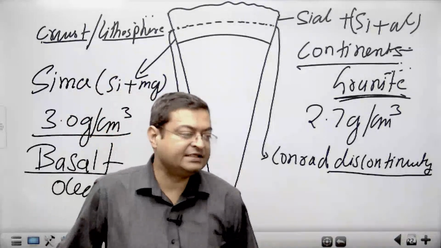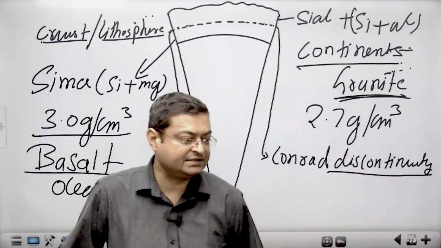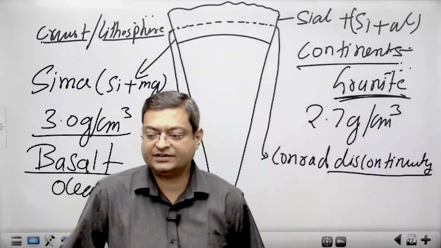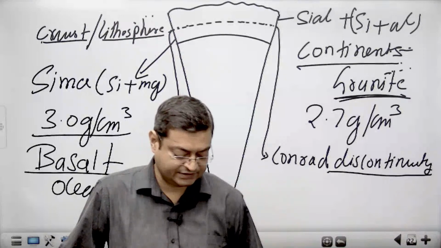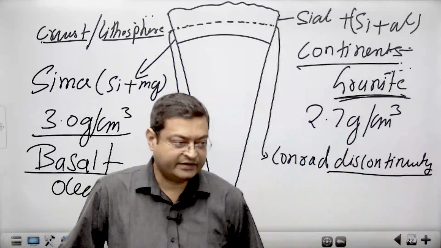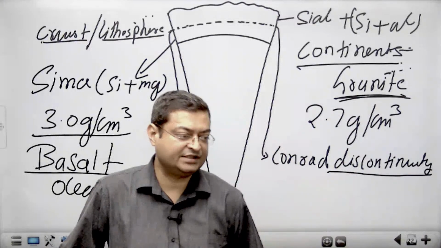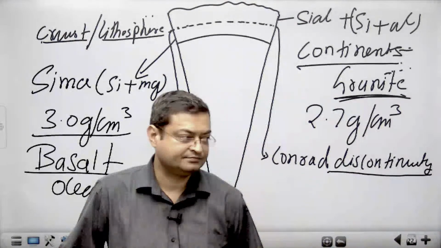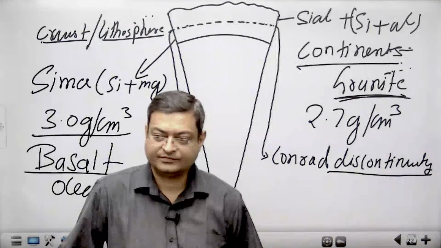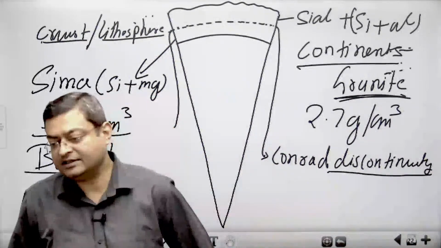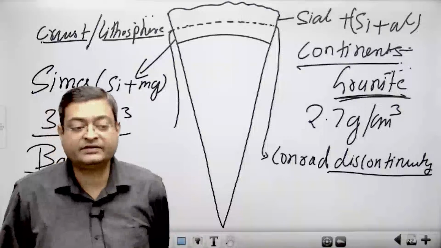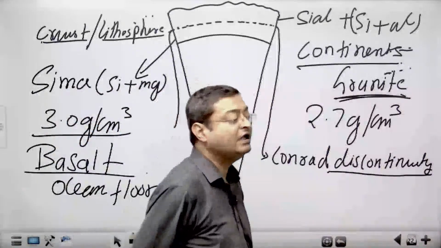The average thickness varies from 90 to 100 kilometers and reaches up to 170 kilometers.